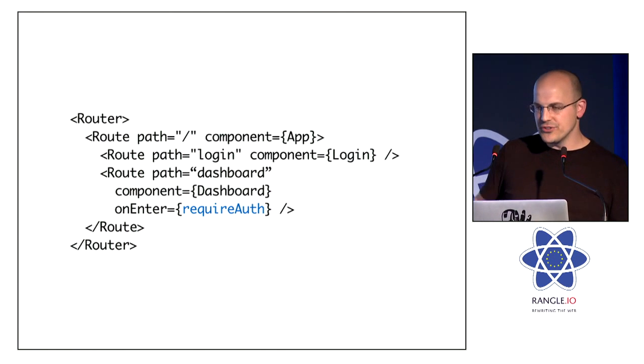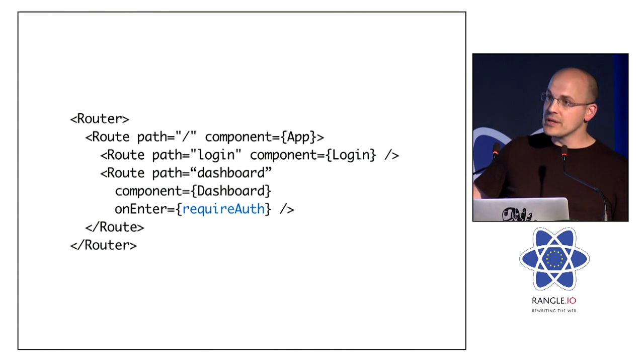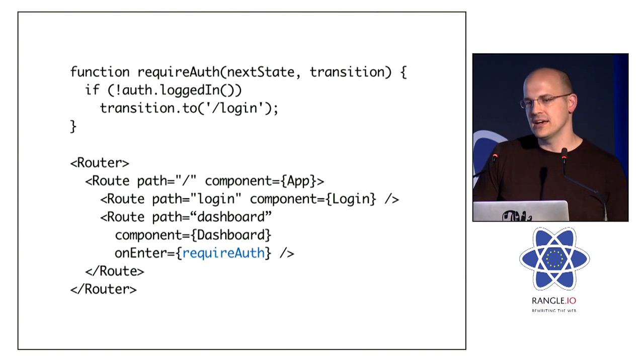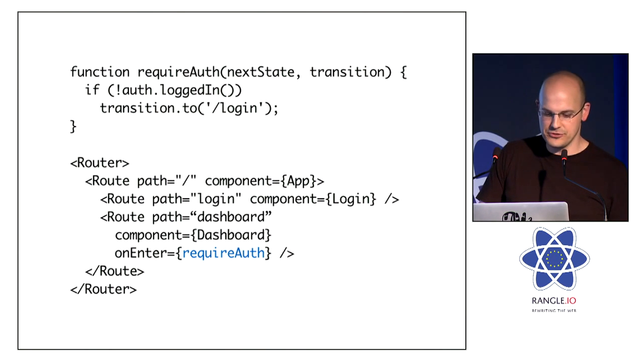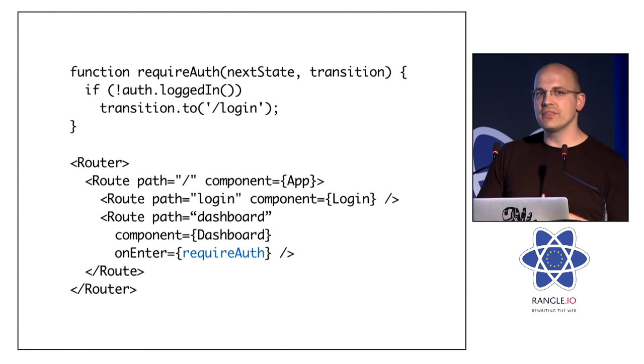When we enter the dashboard component, and by the way, this is 1.0 API, which we're working on shipping as soon as we can, we're going to provide this require auth function. It looks a lot like onClick or any of the other event handlers that you're used to. That basically gives us a chance to declare a function that we want to be called when the user navigates to that route.